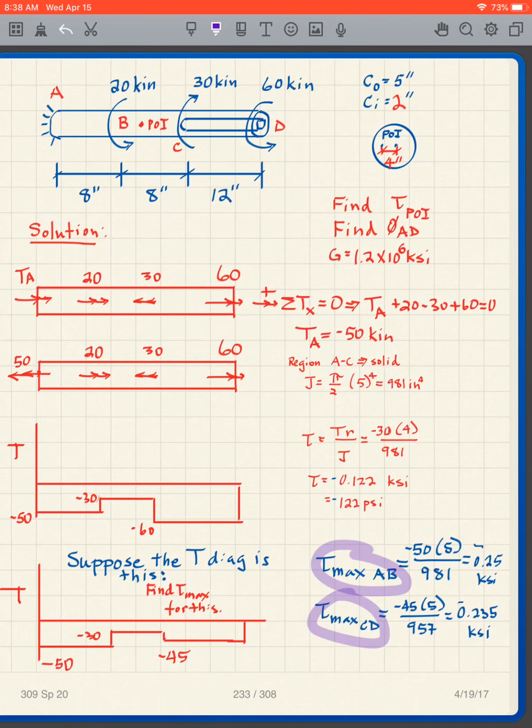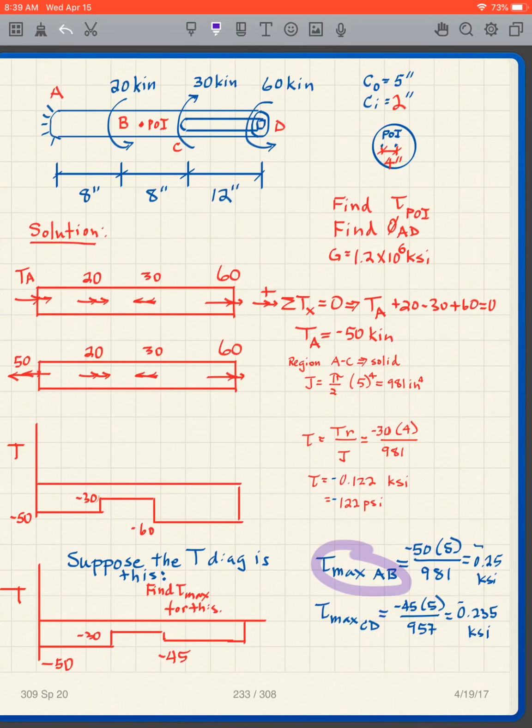So I take the negative 50 for the AB, and now what? My C outer is 5 inches. That's where my maximum is going to occur. So it's negative 50 times 5 over 981, that's what we already calculated.